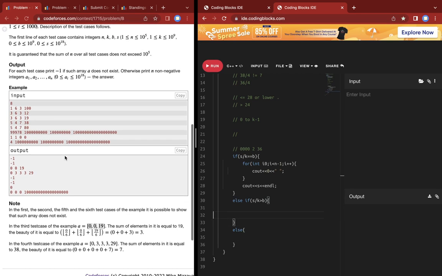Okay, let's see some other test case. 5 for 7, 38, 5 for 7. Okay. 1100.